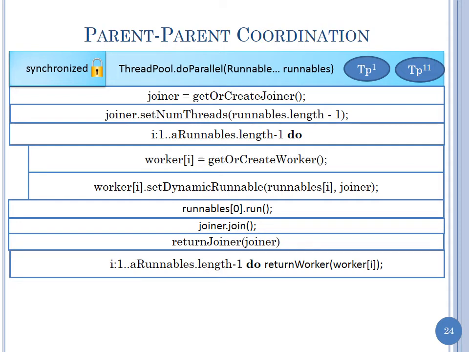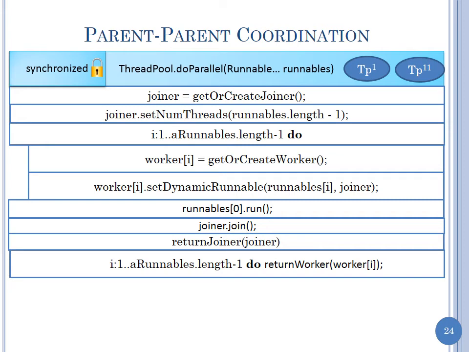And we saw the problem with this. When, let's say, T1 as a parent is executing this method, while it's in the middle of this method, TP11 can't execute the method also. As it turns out, when it executes joiner.join, it's going to wait, and when it waits, it will lose the synchronized lock. So at that point, the child thread can execute the code.